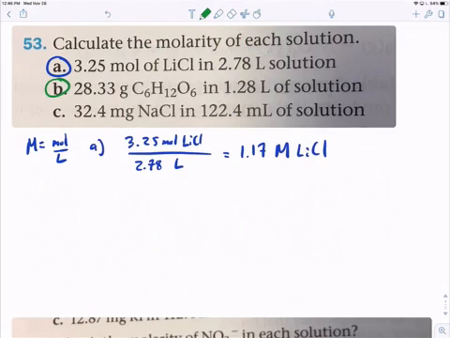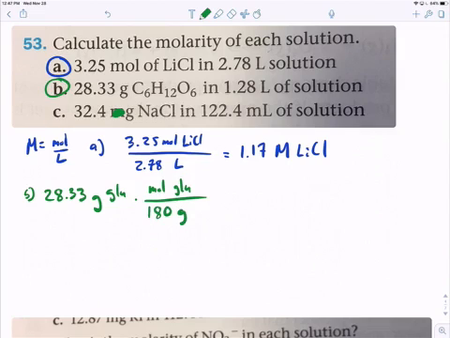And so for B, 28.33 grams glucose times mole glucose. Glucose is 180 grams per mole. And then just divided by 1.28 liters.